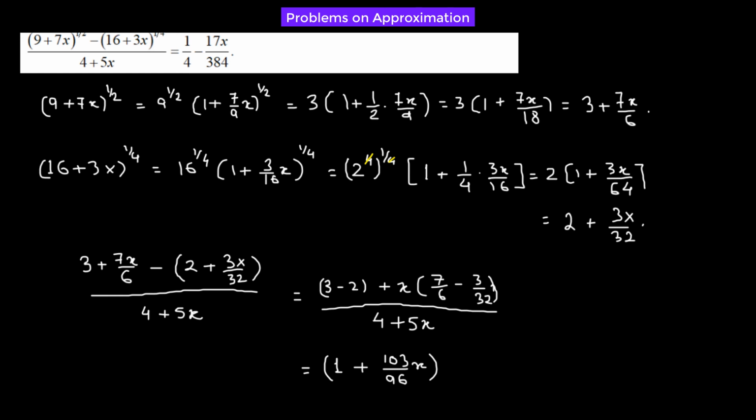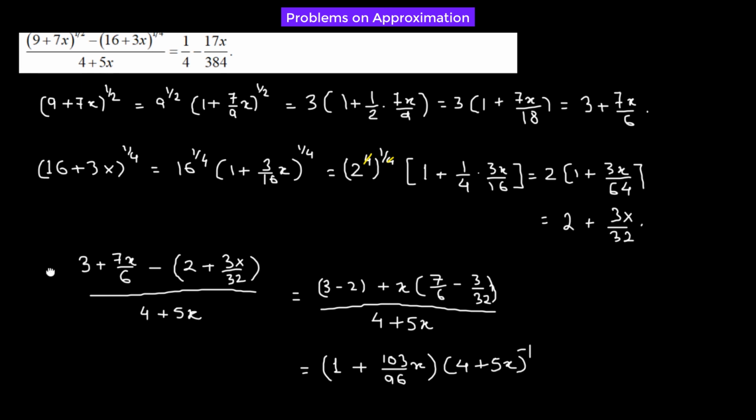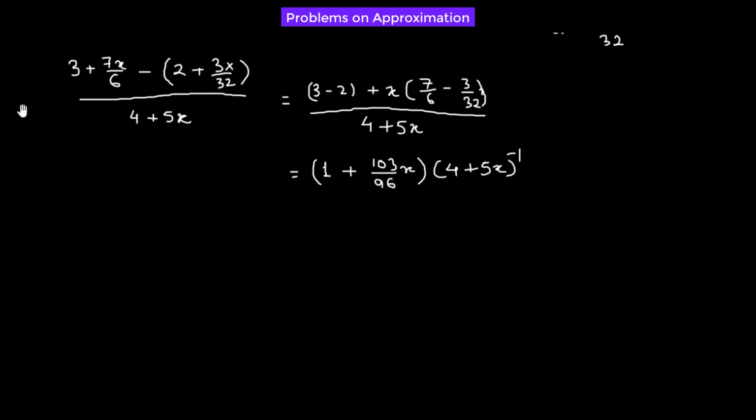Then we bring the term in the denominator up to the numerator. That would give us 4 plus 5x raised to the power of -1. And this will be 1 plus 103 over 96 times x. Then we factor out 4. We have 4 raised to the power of -1 times 1 plus 5 over 4 times x raised to the power of -1.